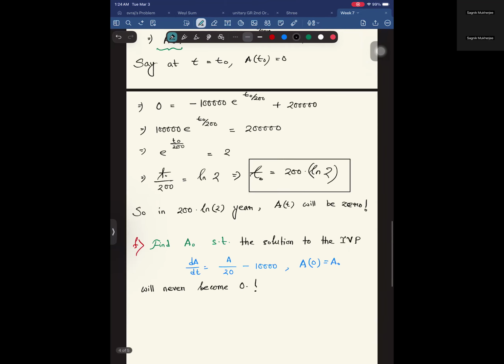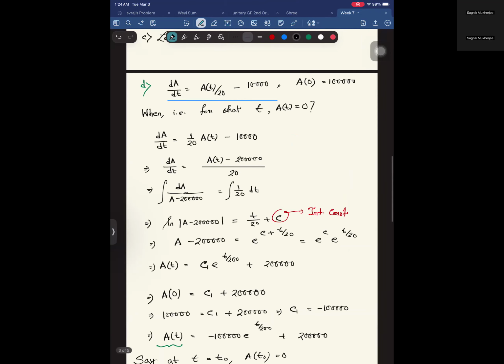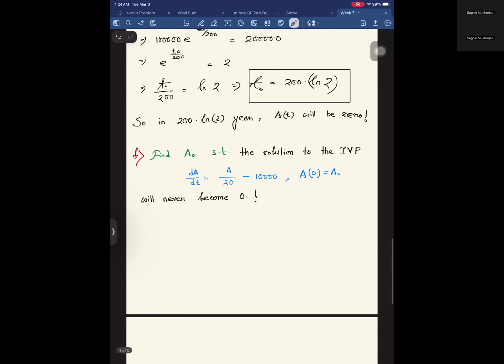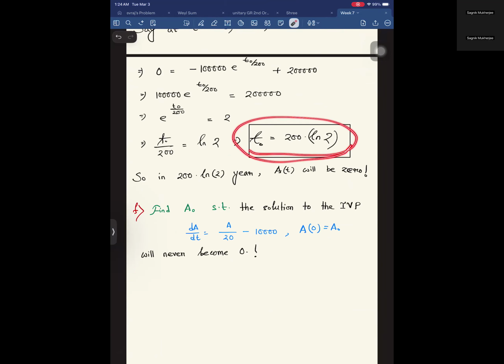So the question is as follows. Look at the previous problem. We saw that if my initial value is 100,000, then eventually in some year, this money will ultimately become 0 as long as you keep withdrawing $10,000 from the bank every year.